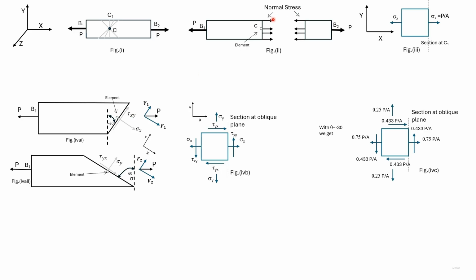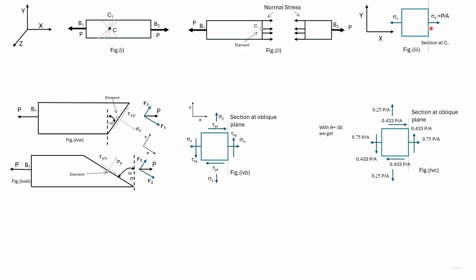For a perpendicular cross-section, we have earlier found out that the stress acting is P divided by A, where A is the area of the perpendicular cross-section. So the stresses on this element are as given in this figure.